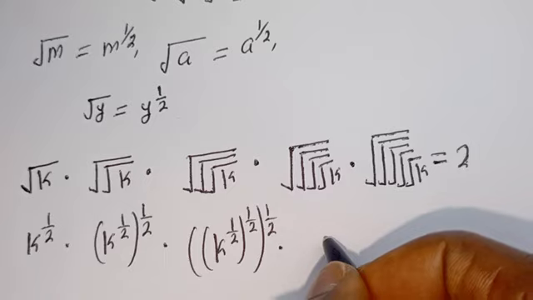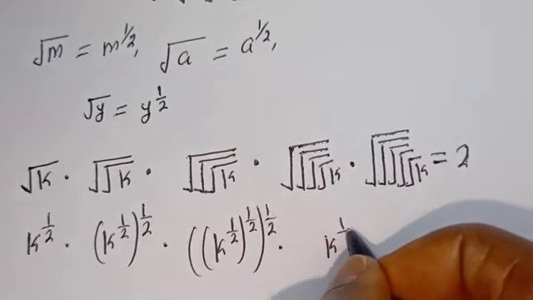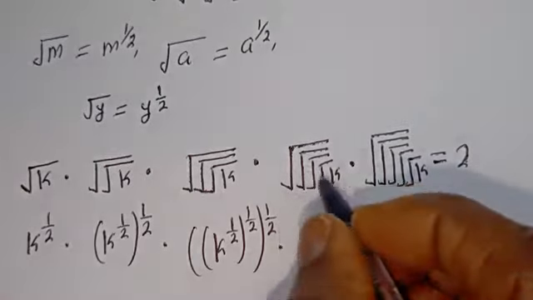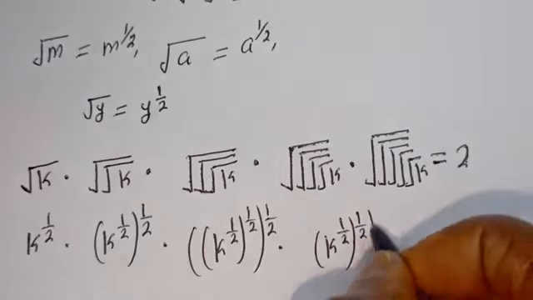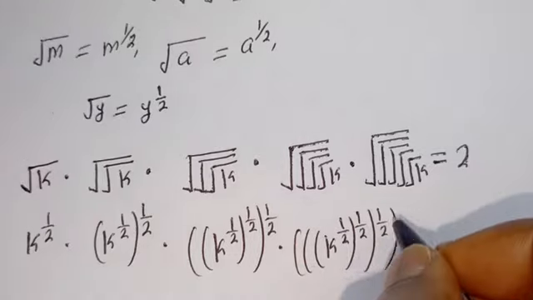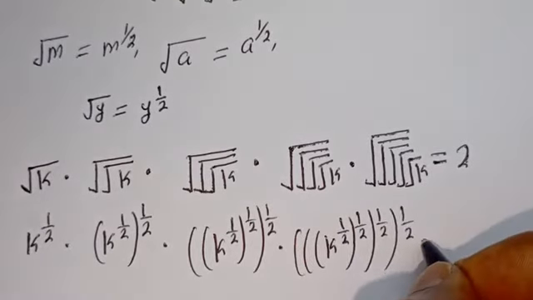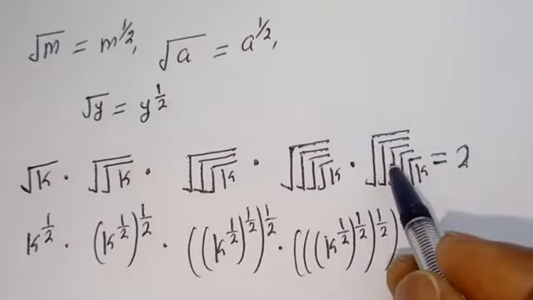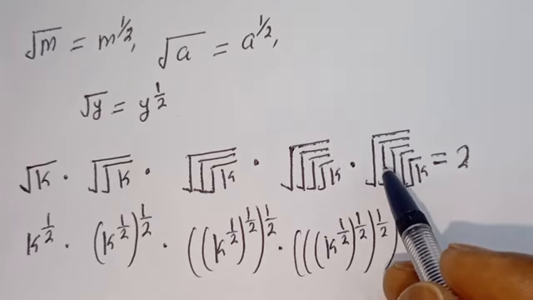This is k to the power of 1 over 2, then the second one to the power of 1 over 2, third one to the power of 1 over 2, and then fourth one to the power of 1 over 2. Multiply by, then here we have 5 square roots.